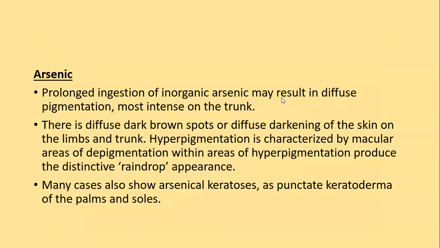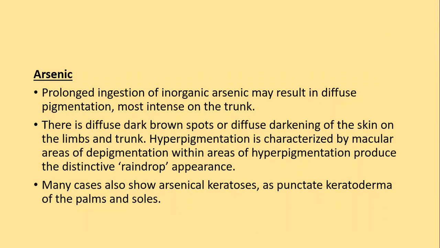Then arsenic. Prolonged ingestion of inorganic arsenic results in diffuse pigmentation, most intense on the trunk. There are diffuse dark brown spots, or diffuse darkening of the skin on the limbs and trunk. This hyperpigmentation is characterized by macular areas of depigmentation within areas of hyperpigmentation, producing a distinctive raindrop appearance.